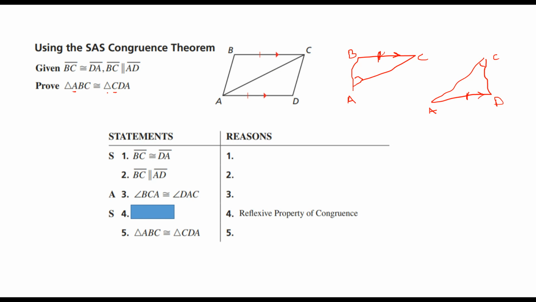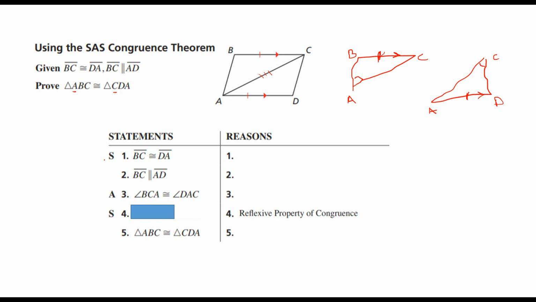A is coming first in this one, and it's matching with C in the second. So first, how are we going to prove that? Well, a few things I know. I notice that they share this side. So that's sort of interesting here. And I know I've got parallel lines, and a couple chapters ago, chapter 10 or so, we were talking about parallel lines and what those mean about angles, like interior angles.